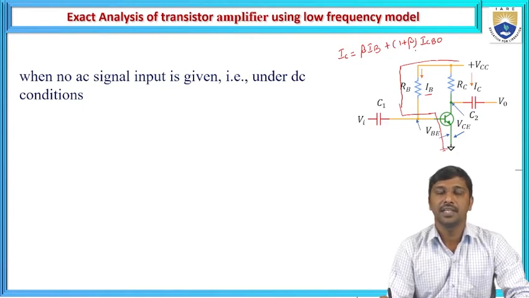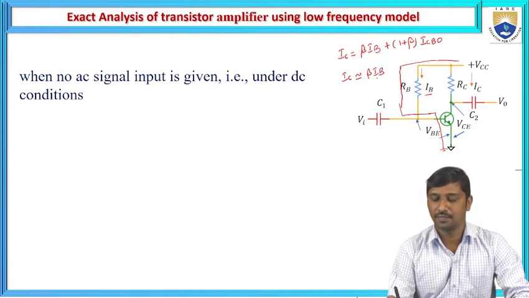If the reverse saturation current is much less than 1, IC is approximately equal to beta times IB. Hence, with respect to this biasing, we need to observe how much base current flows in this amplifier circuit.